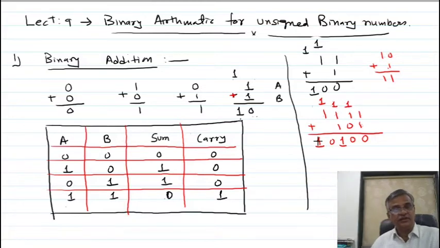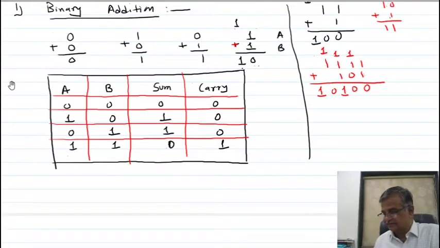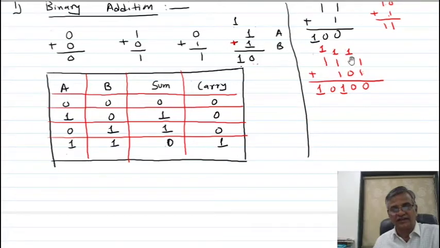In this way you can do binary addition. I think you understand how to perform binary addition. You have to start performing the addition from the right-hand side. The carry you have to write on the next bit on the left-hand side, and in this way you have to proceed.